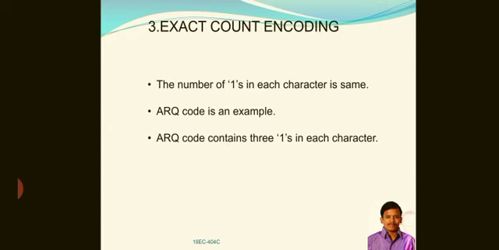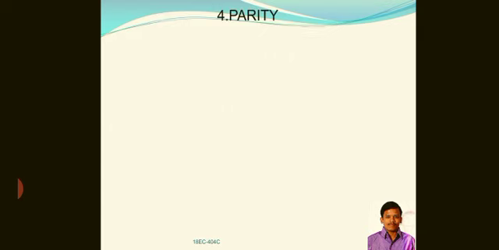Suppose you follow the ARQ method to represent the data in the communication. By finding the exact number of ones in the given character, if it is okay, then we assume that no error occurred; otherwise some error occurred in the transmitted data. That method is called exact count encoding.